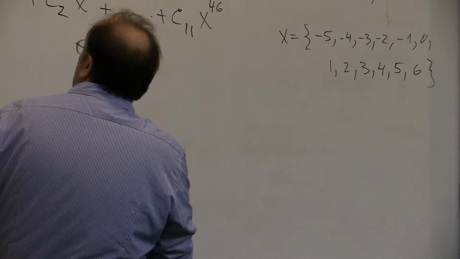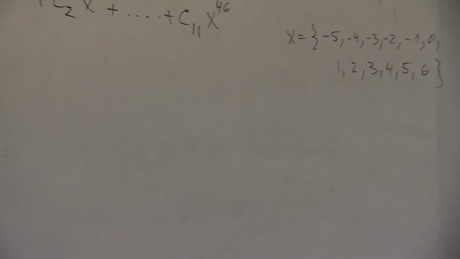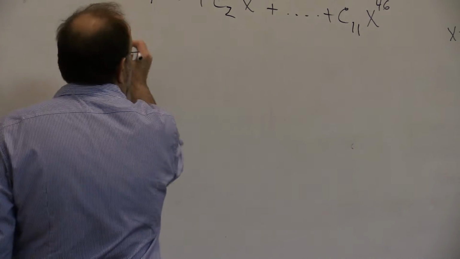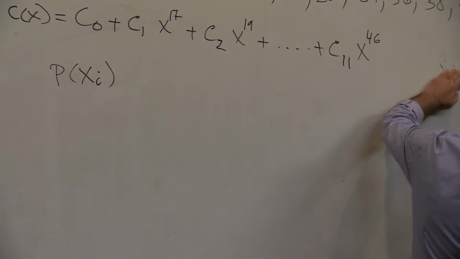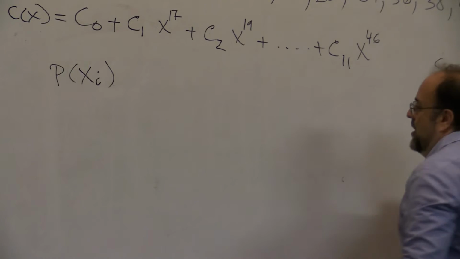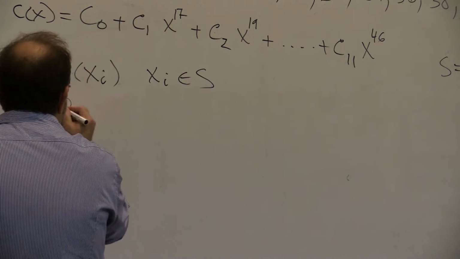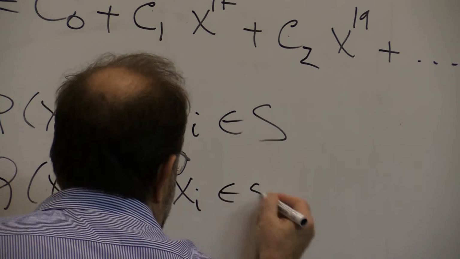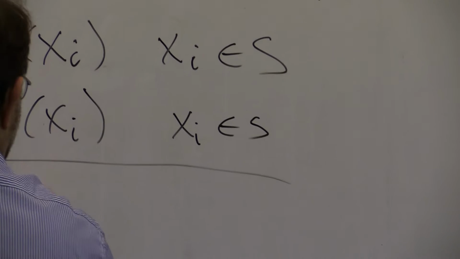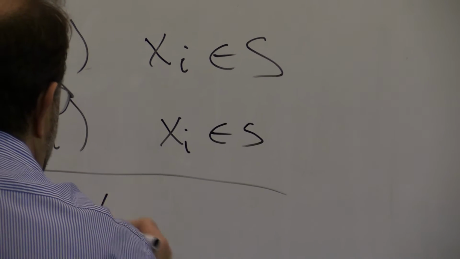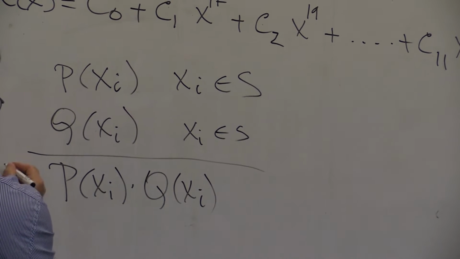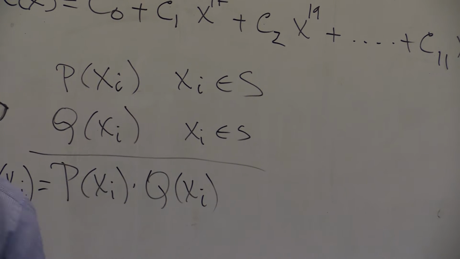So we can compute p at xi, where let's call this set S, for xi belonging to S, and we can compute q of xi, and then we can compute p of xi times q of xi, and this is exactly c of xi.